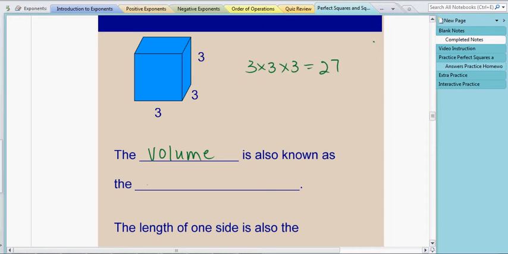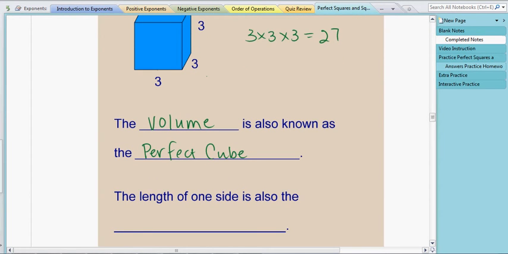Well, that is also known as the perfect cube. Just like we have a perfect square. Again, this is for when we have a number that a number multiplied 3 times can equal. So a whole number multiplied 3 times can equal 27. Therefore, 27 is a perfect cube.